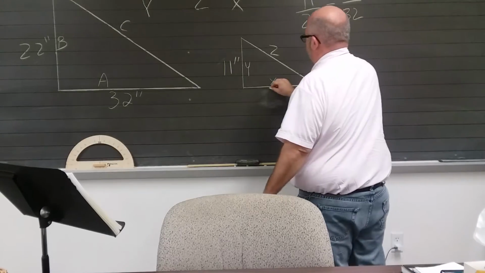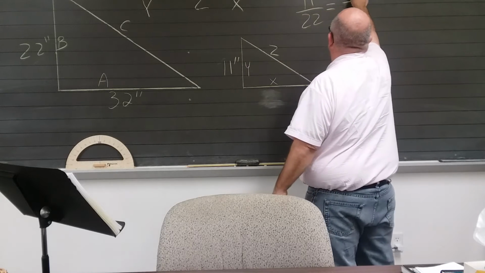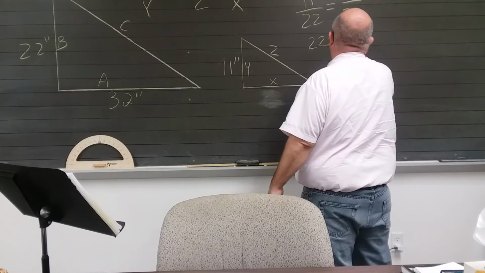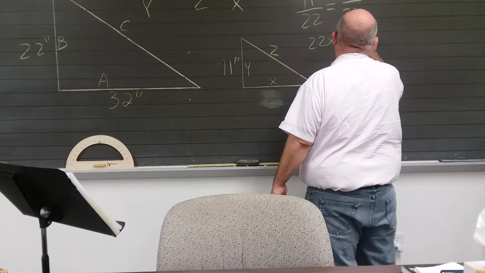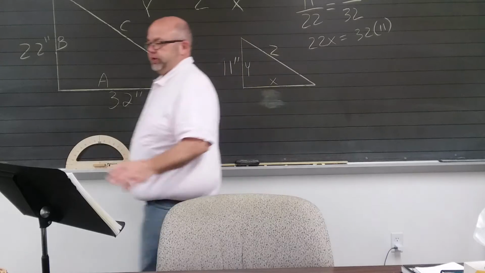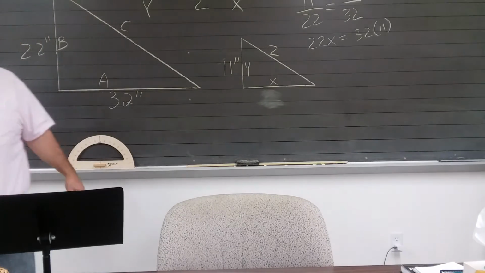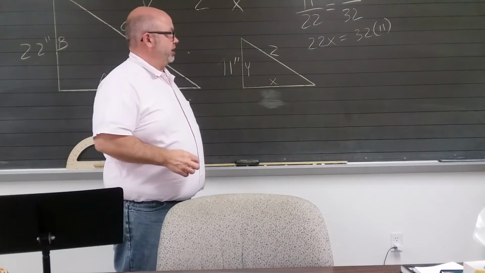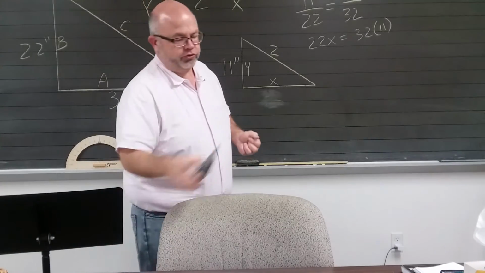The X has to go with the 11, right? And then do the math. 22X equals whatever 32 times 11 is, and solve that. Okay, you know how to do that, and then that will be your measurement for the missing one.